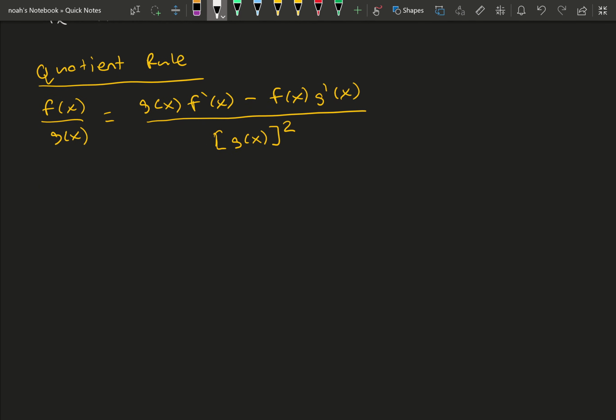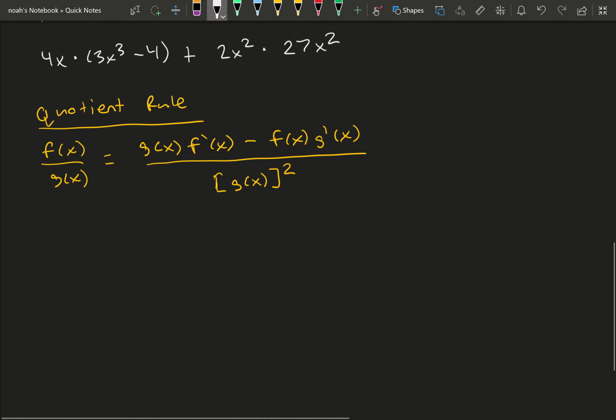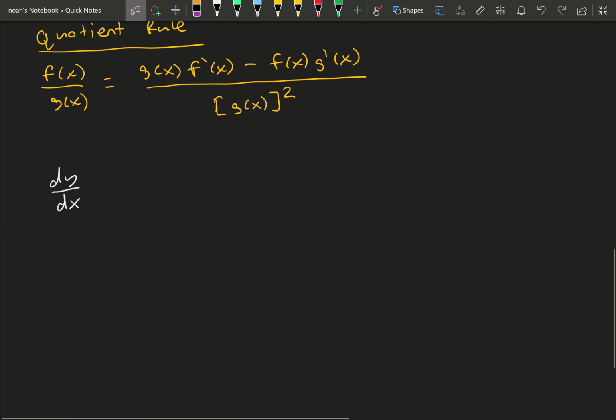And then lastly, there's some different notations you can use for a derivative. You may also see dy over dx, which is change in y over change in x. And there's some special formulas that you have to remember for certain functions.